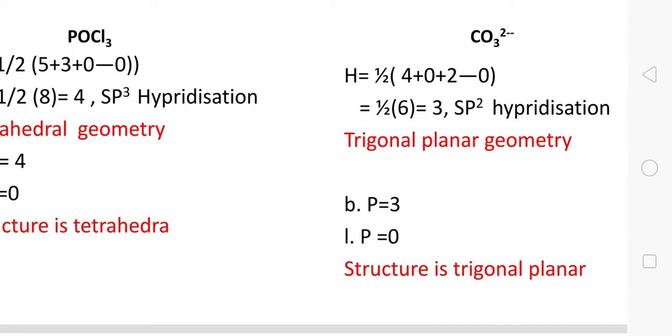So the cationic charge becomes 0. So the hybridization number is 3, the corresponding hybridization is sp2, and the corresponding geometry is trigonal planar. Bonding pair is equal to the number of surrounding atoms, which is 3, and lone pair is 0. So the geometry is trigonal planar and the structure is also trigonal planar. Good.